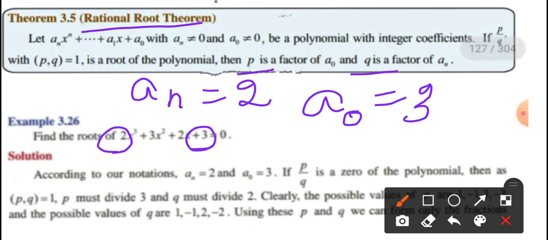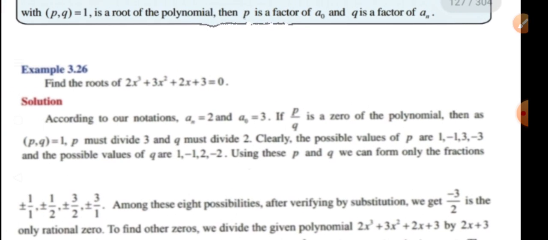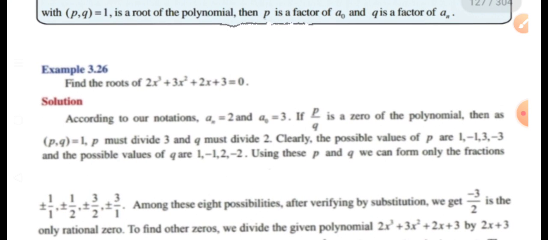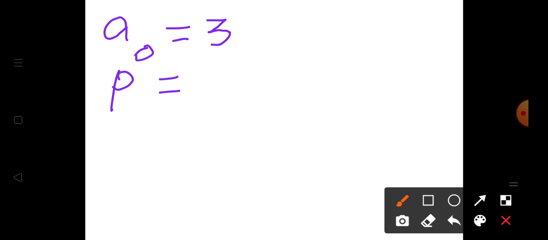Here a_0 is 3. The p value is a factor of 3. What are the factors of 3? They are 1, minus 1, 3 and minus 3. This gives the p values.